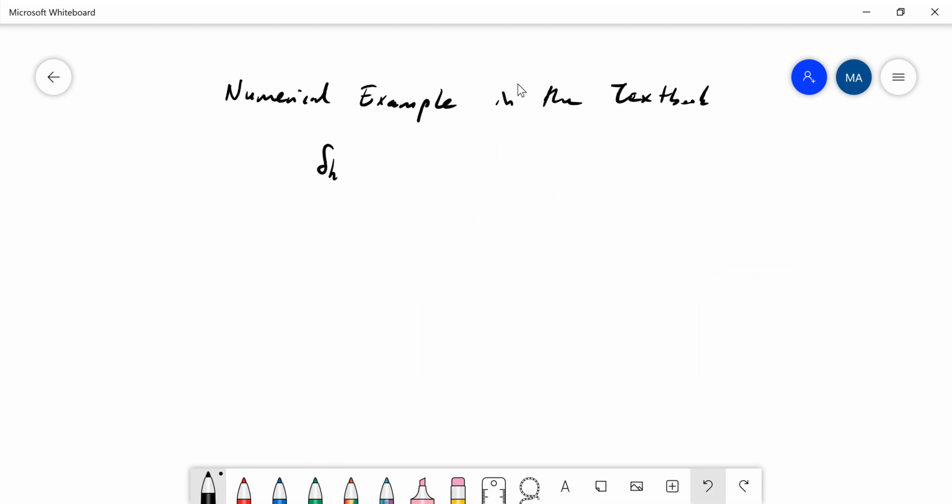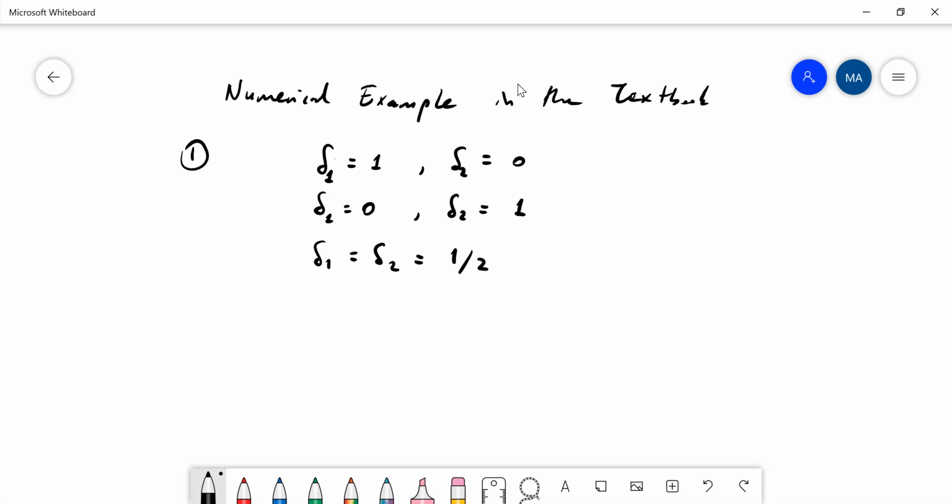So one assumes that delta 1 is equal to 1, delta 2 is equal to 0. Another one assumes, of course, only with two consumers, delta 1 equals 0, delta 2 equal to 1, and another one assumes delta 1 and delta 2 are equal to 1/2. So this is the first experiment, this is the second experiment, this is the third experiment.